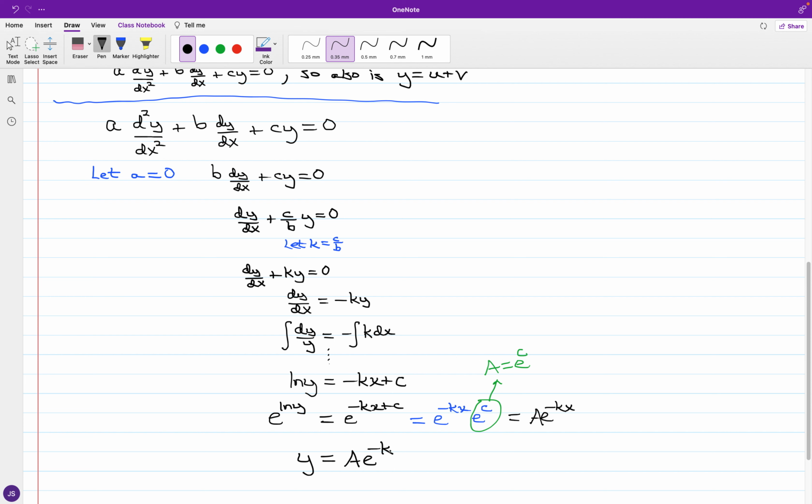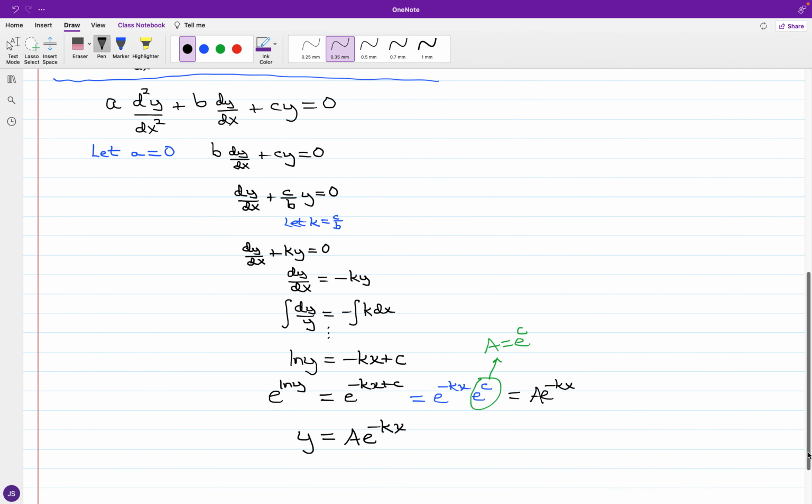So you have y equal to a times e to the negative kx. Now k could be a positive or a negative value, and I'm just going to rewrite this solution.